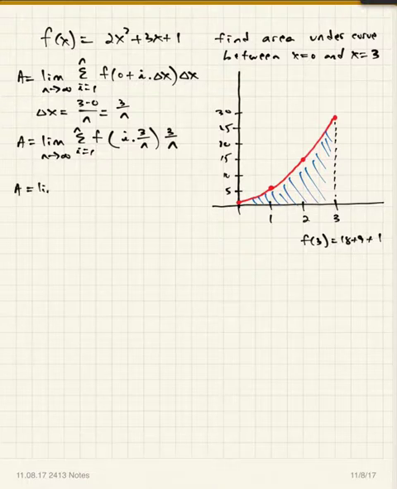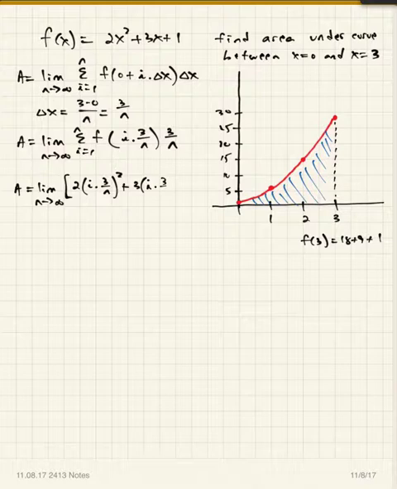So you have the limit as n goes to infinity. I mean, it's already a yucky expression, right? And then f is 2x squared plus 3x plus 1. So that's 2 times i times 3 over n squared, plus 3 times i times 3 over n, plus 1. Close those brackets and put 3 over n here.